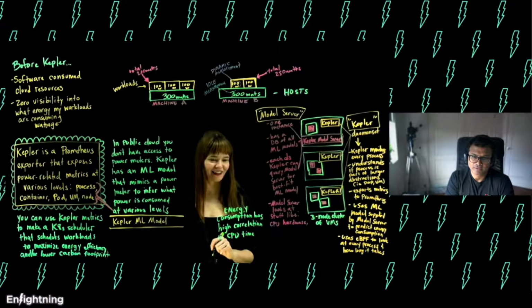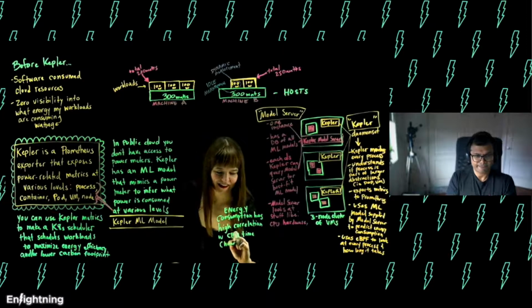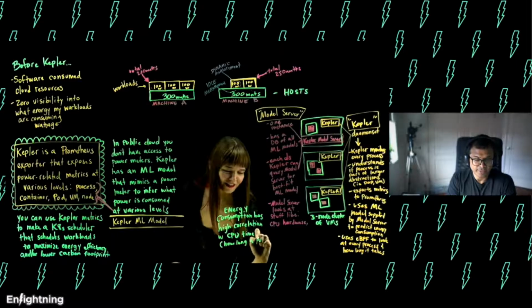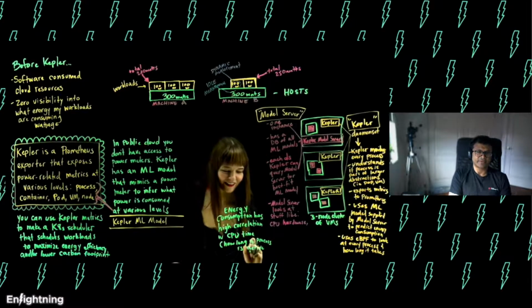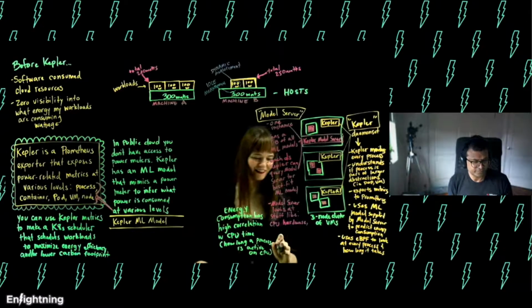So you can query for a process's CPU time, for instance: how long a process is active in the kernel, active on a CPU, as in how long a process is actually utilizing the CPU.